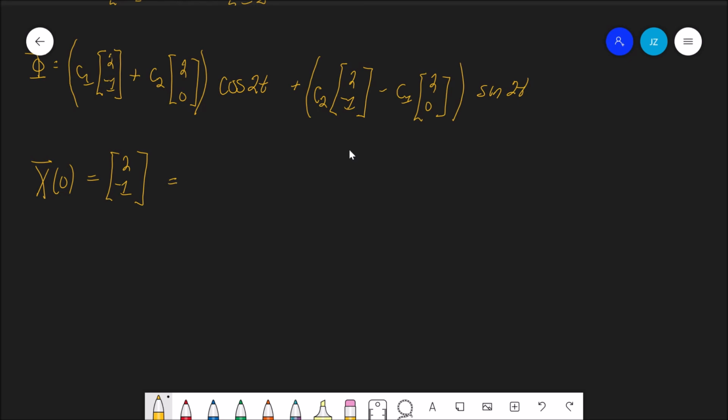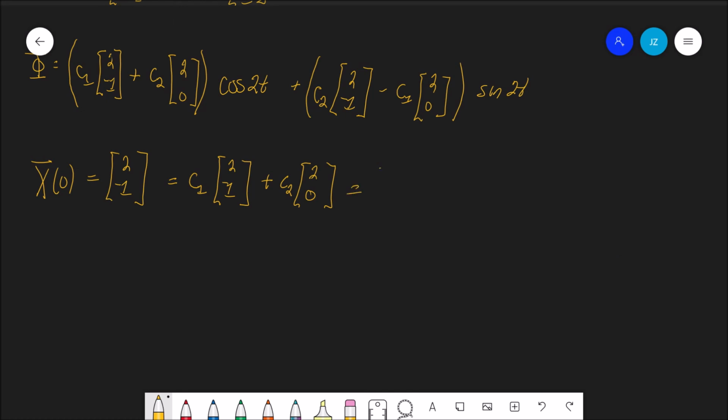So this will have to be c1 times (2, negative 1) plus c2 times (2, 0), because sine of 0 is 0, so all we're left with is this.